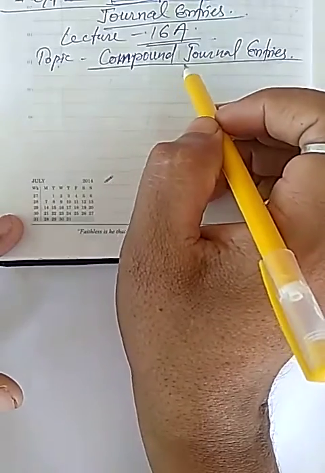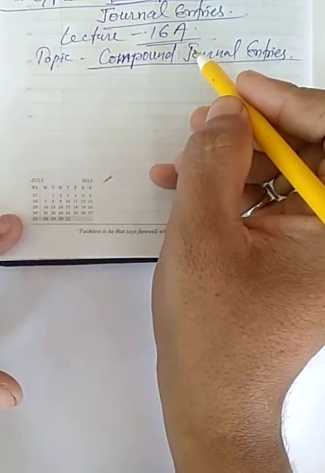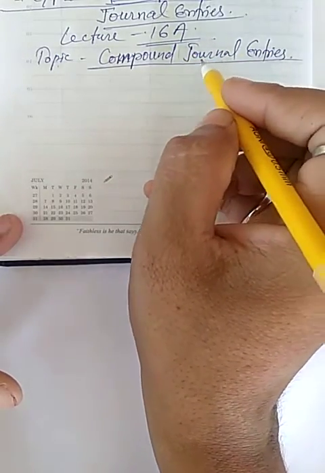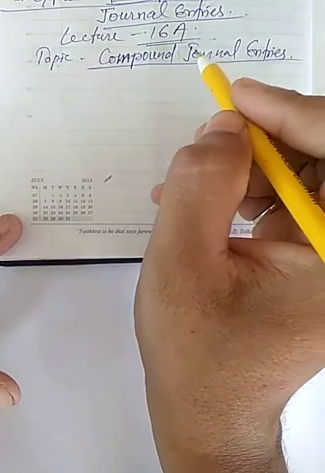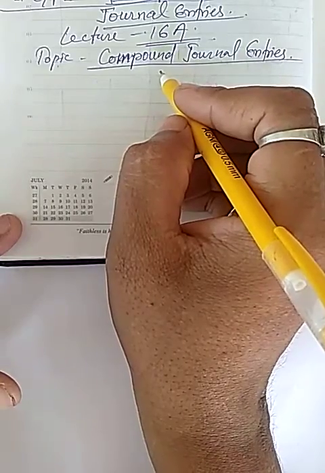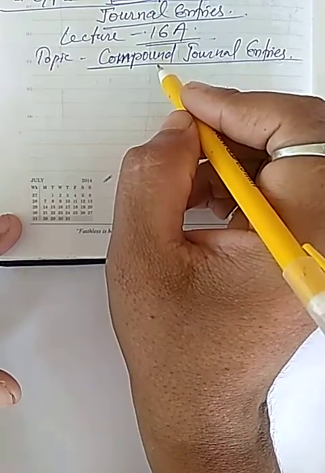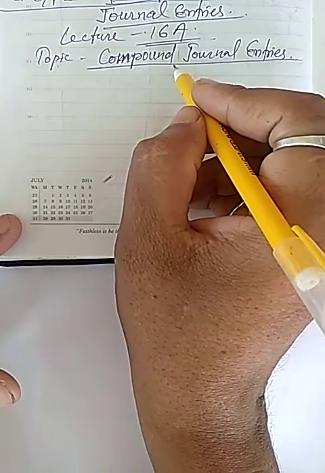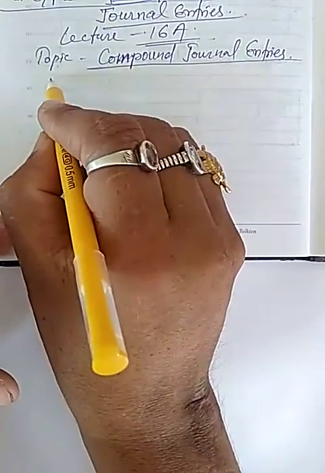In such cases, instead of passing separate entries for all such transactions, only one entry is passed. Such a journal entry is termed a compound journal entry.